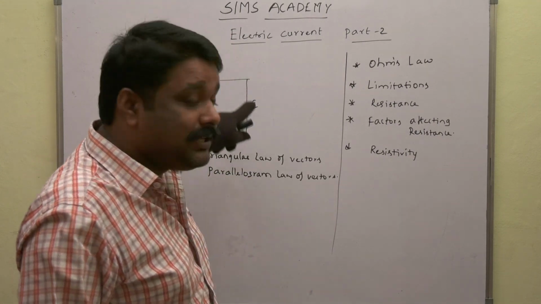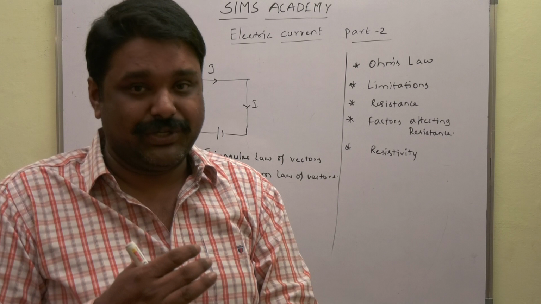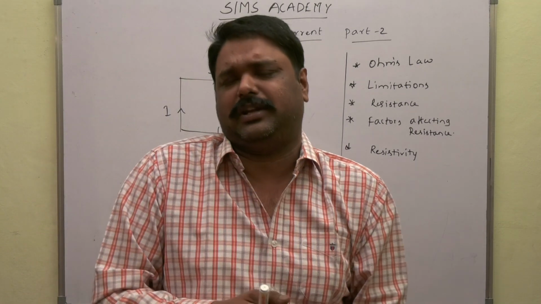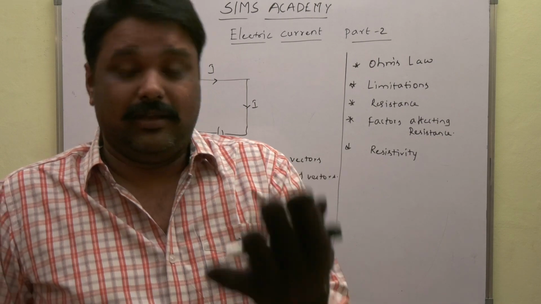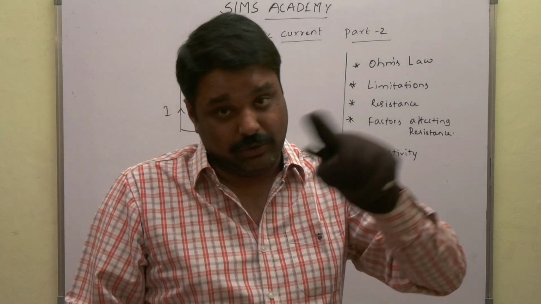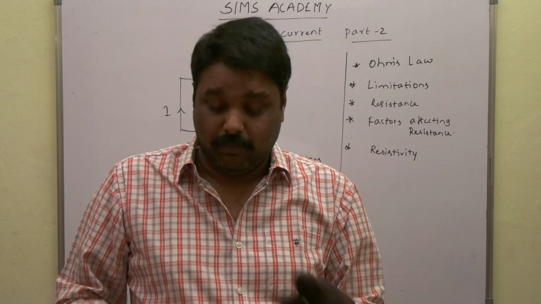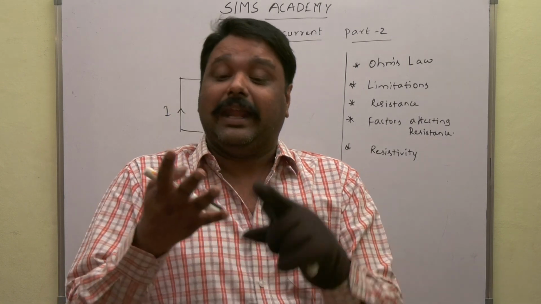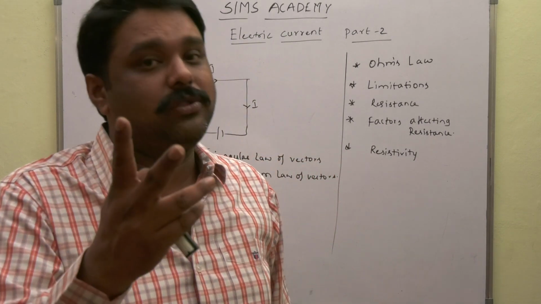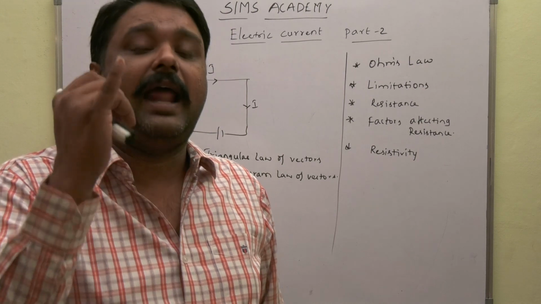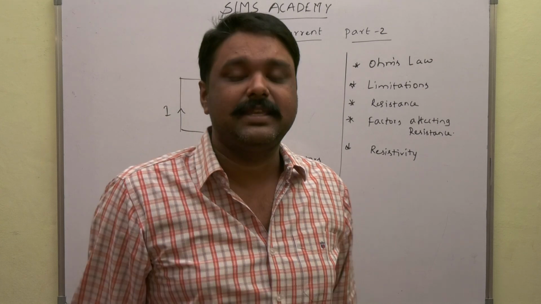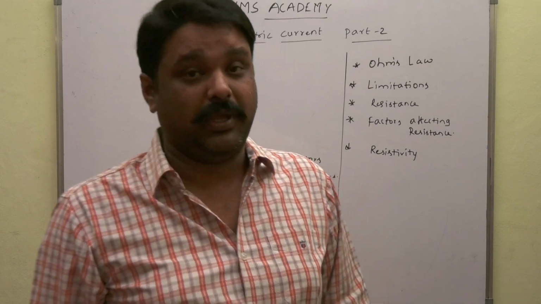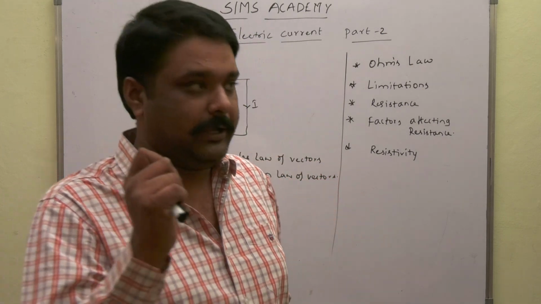Suppose 5 amperes of electric current is flowing in the circuit, and it possesses a direction also, from here to there. Both magnitude and direction, but it does not follow the two laws of vectors: number 1, the triangular law of vectors, and number 2, the parallelogram law of vectors. Hence, electric current is considered to be a scalar quantity.